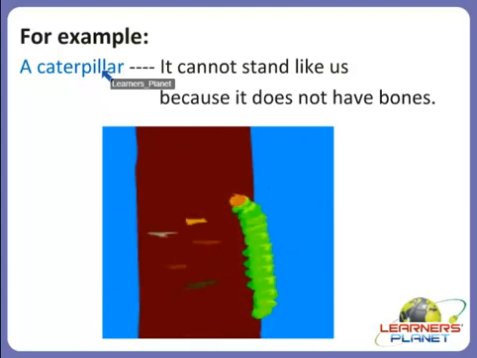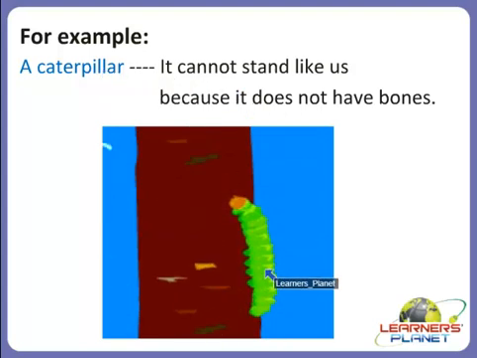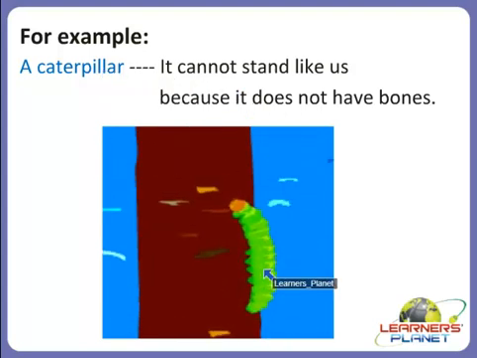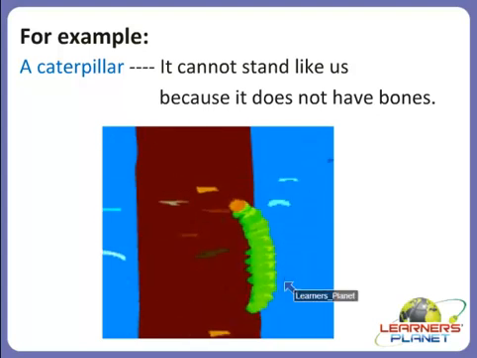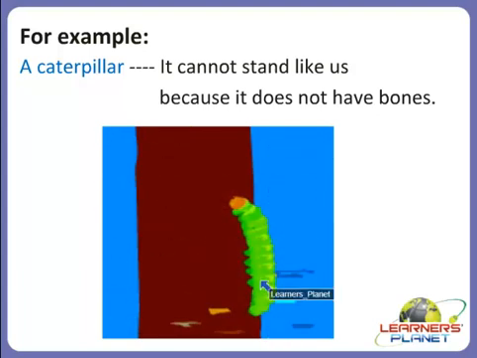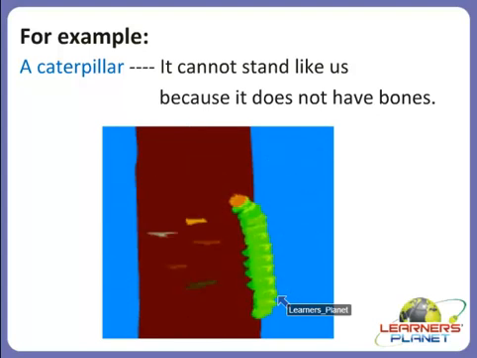So, we can see here in the picture that this is a caterpillar, and this caterpillar is crawling on the tree and climbing up. So why is this caterpillar crawling?